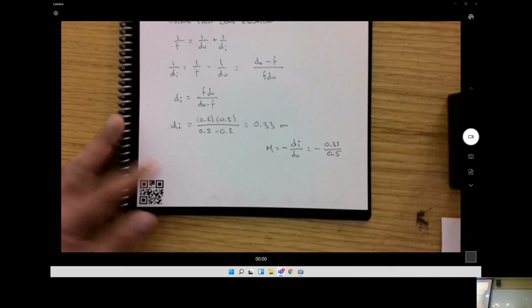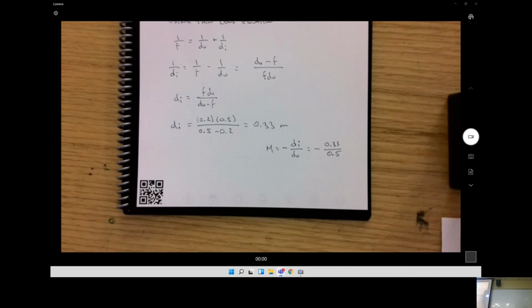So I'm going to end up with a magnification less than 1. So the image is going to be a little bit smaller than the object. And that negative sign just indicates that it's flipped. Makes sense?